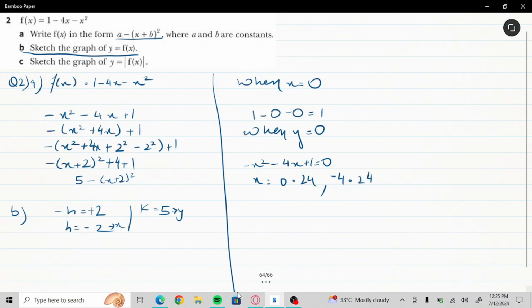These are the two values of x. Let me just check if I'm wrong or not. So we have the values, and what we are going to do is just plot the values on the graph.